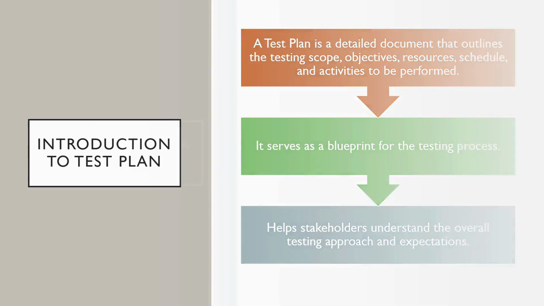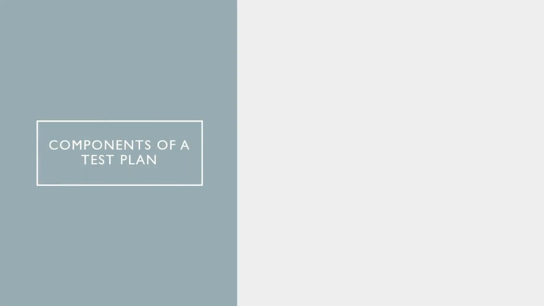So next come the different components of your test plan. A test plan is a kind of document, as I have already told you, and in that document there are different components you can include. The very first one is the objective. So what is the objective? It's the goal. What do you want the application to do, what is the end goal of your application?